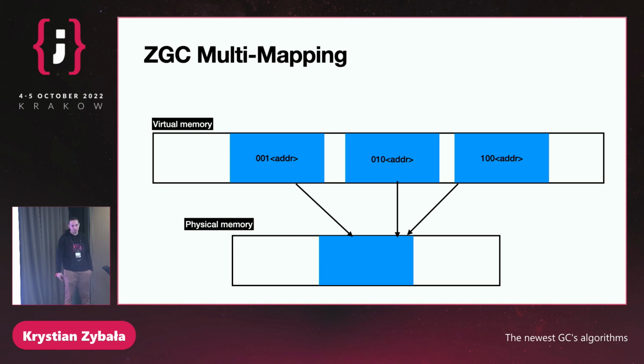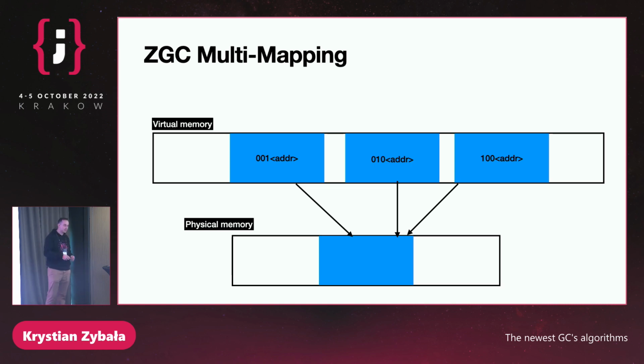It means that, for example, when ZGC uses the colored pointer technique and changes some bit in a particular object, the object changes its address, and we can rely on that information.